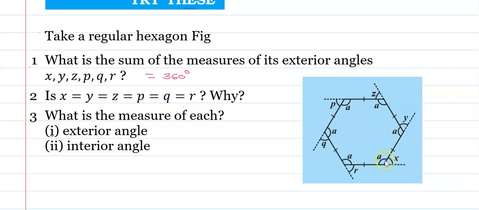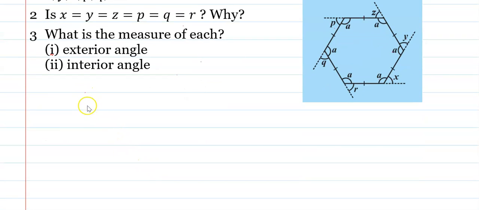It's a regular polygon, and the measure of this interior angle is a. A and x are a linear pair, and therefore a plus x equals 180.